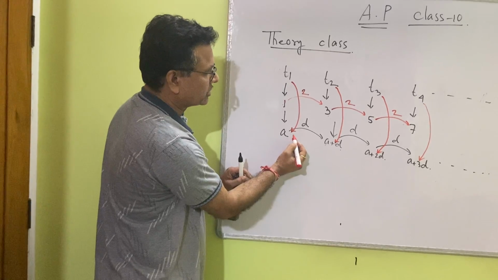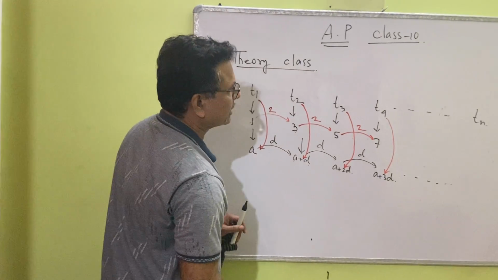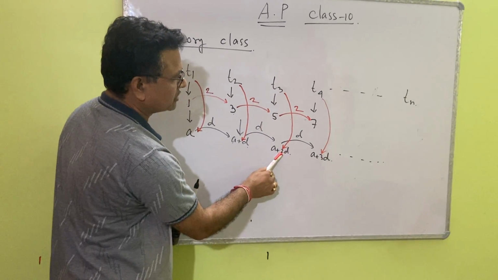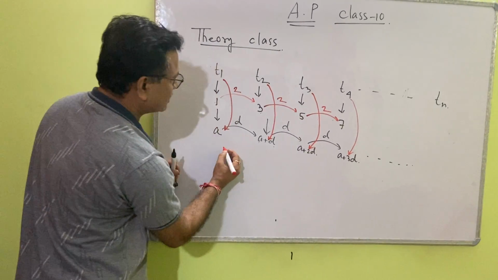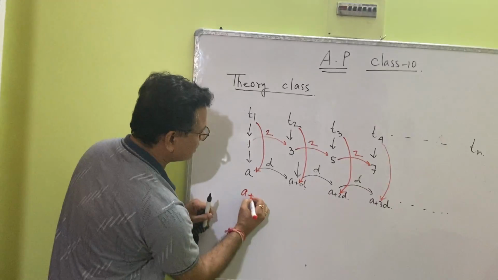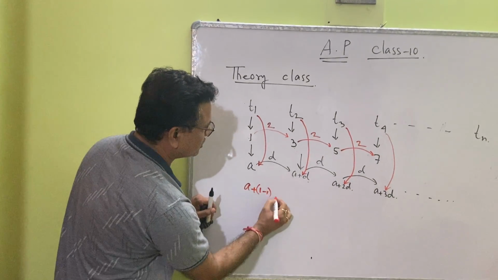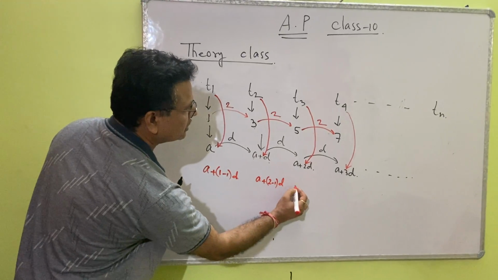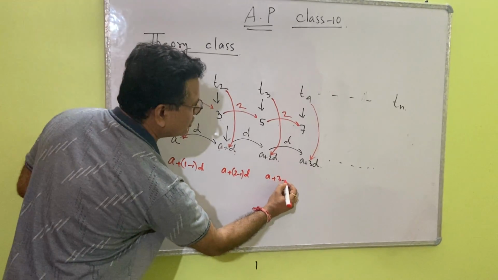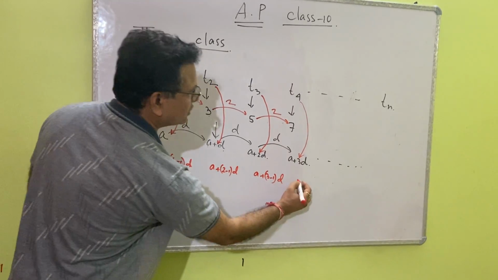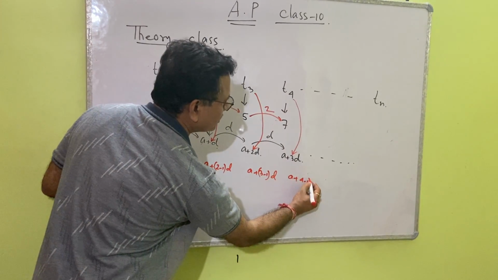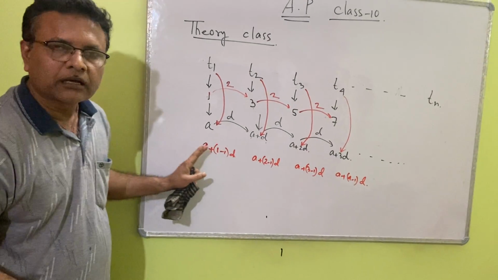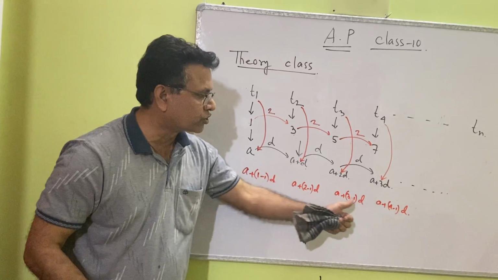Nothing is there, means 0D. So if this is 4, this is 4 minus 1. If this is 3, this is 3 minus 1. So I can write this is A plus 1 minus 1 into D, this is A plus 2 minus 1 into D, this is A plus 3 minus 1 into D, this is A plus 4 minus 1 into D.